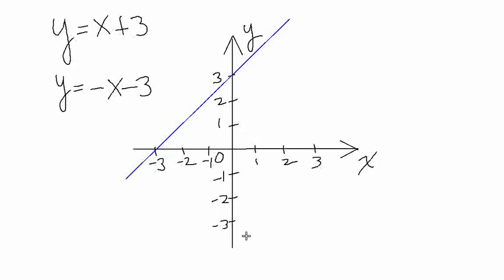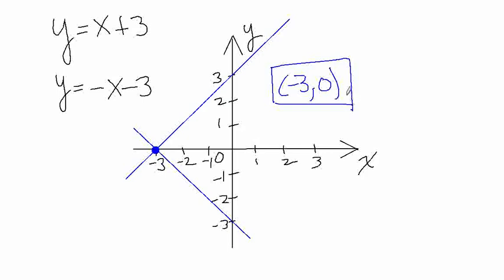So that corresponds to that blue line, and they intersect at the point denoted by that blue dot. So therefore the solution to this system of linear equations is the point minus 3 comma 0.